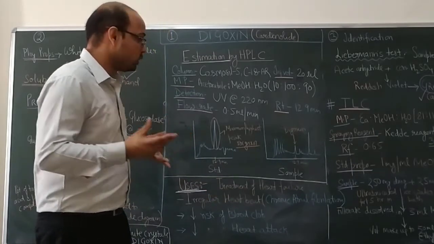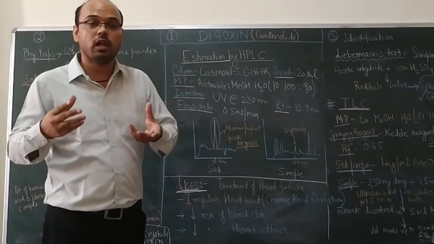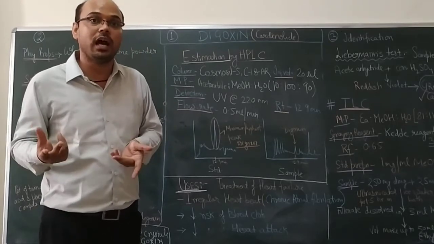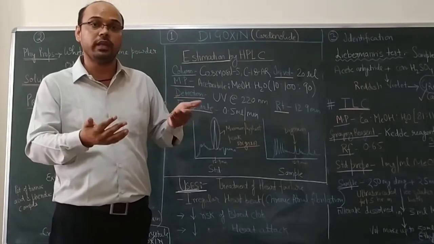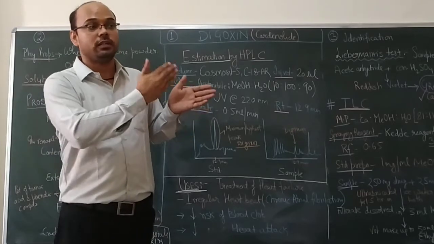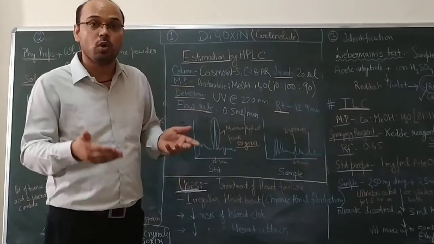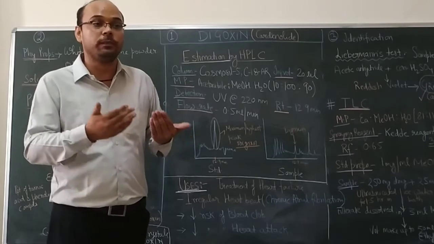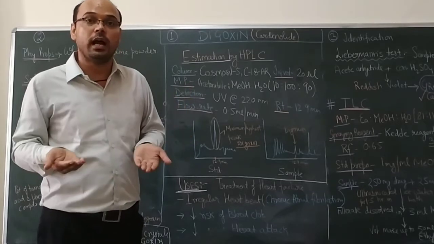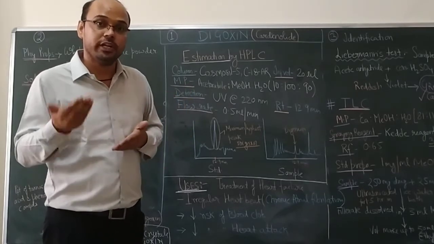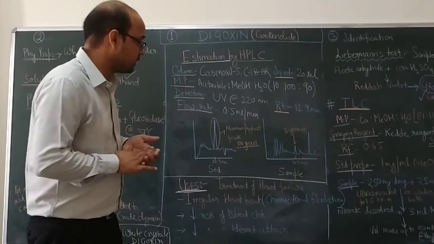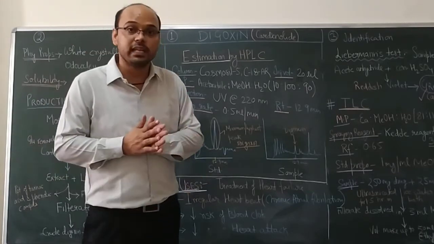It is used for the correction of irregular heartbeats in patients who have irregular heartbeats at different times. We can use this drug for maintenance of their heartbeat and for treatment of the irregular heartbeats. It is also called chronic atrial fibrillation.